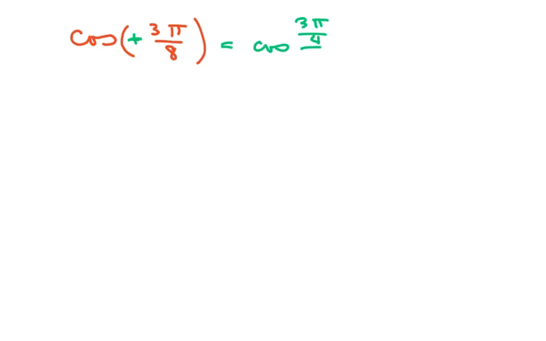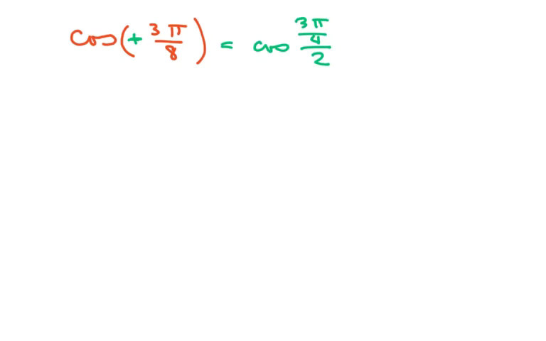The last one we have is cosine of negative 3 pi over 8. If you want, since this is an even function, I would go ahead and just make that positive. Now, let's rewrite it as cosine of 3 pi over 4 divided by 2.